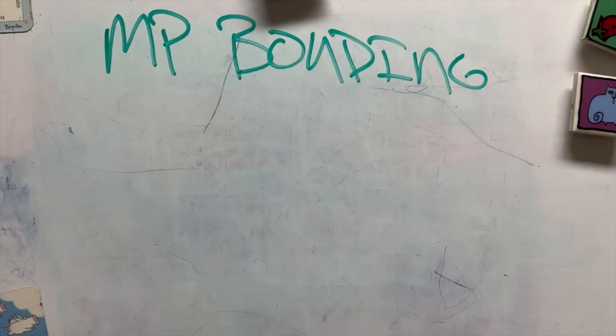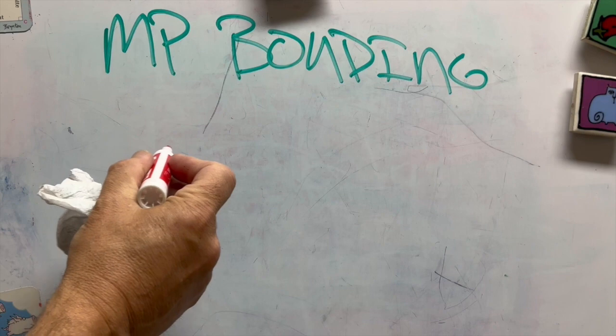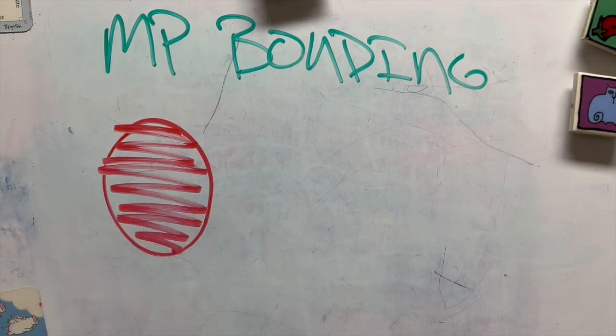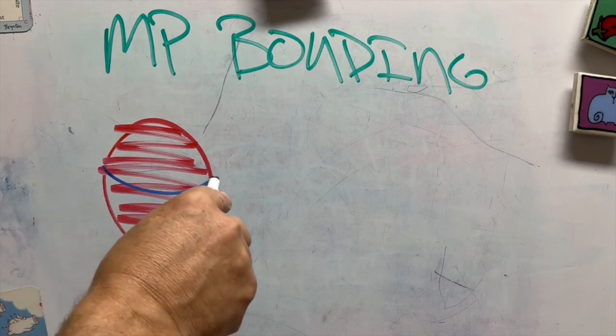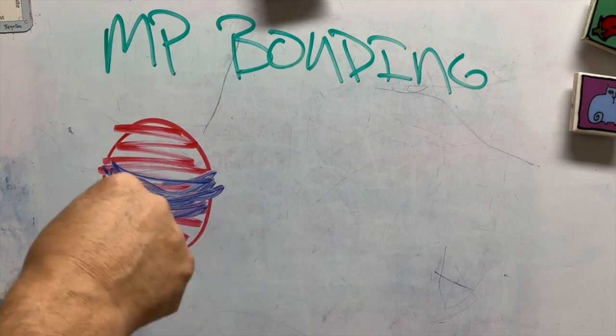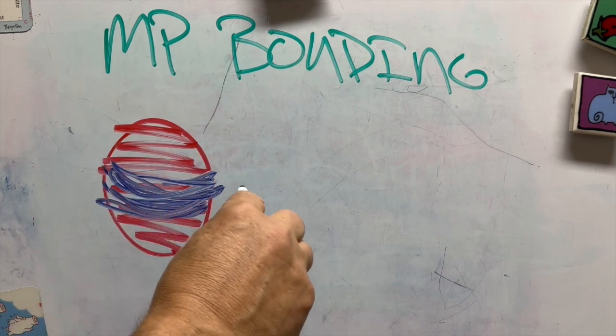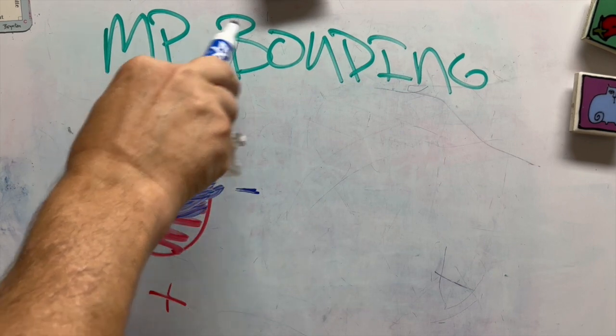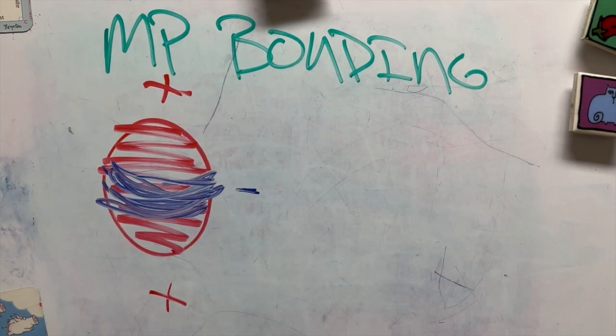Well, multipole bonding would be, you have your proton with your electron in it, going around making this little kind of child's ball, a little Pixar ball maybe.